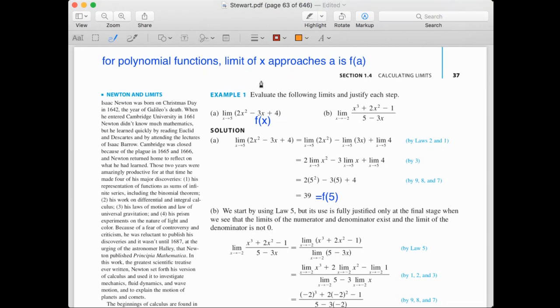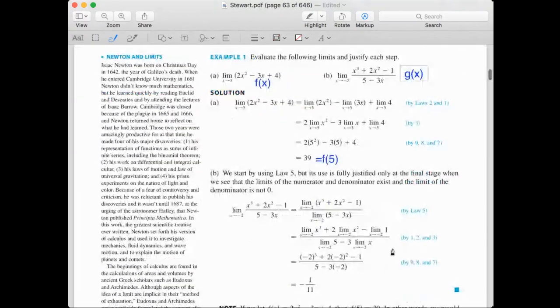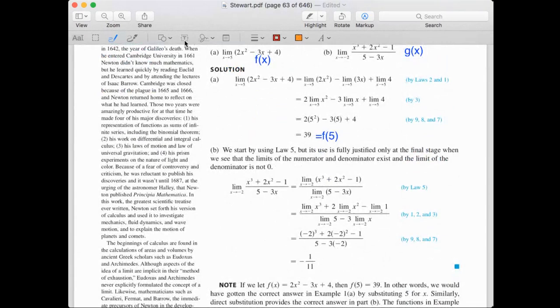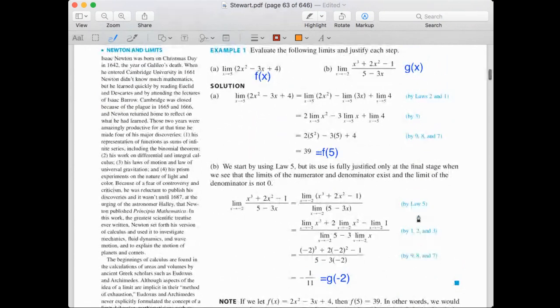All right, so if we call this function g of x, the limit is just g of -2. Okay, because at that point the function is continuous. If x is in the domain, then at that point the function is continuous. If it's continuous, it's just the evaluation of the function.